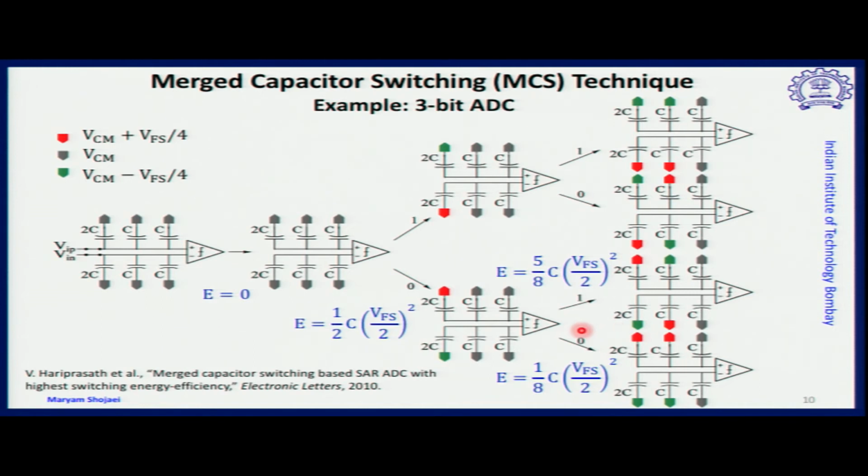And therefore, as you can see, the fraction of CV full scale by 2 whole square is consumed in both cases, either output of the comparator is 1 or output of the comparator is 0. In fact, a very small fraction, 1/8 and 5/8. So, energy here is saved even more.